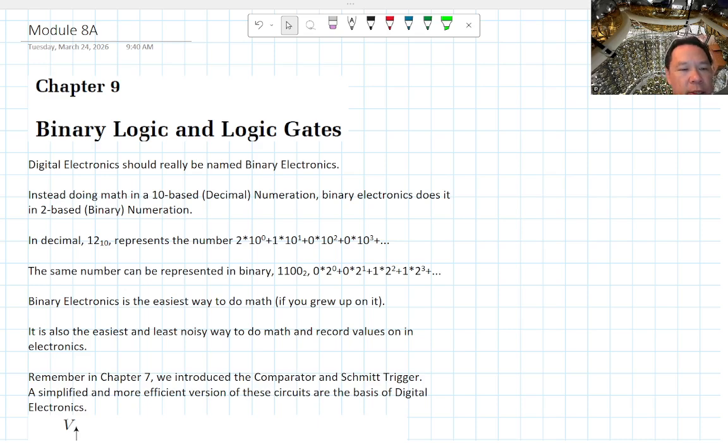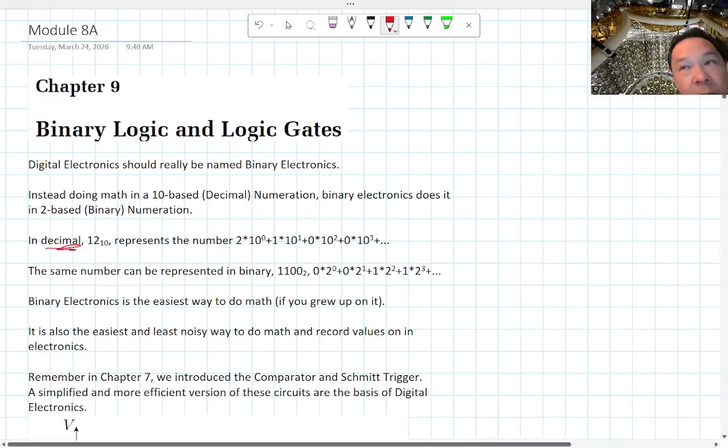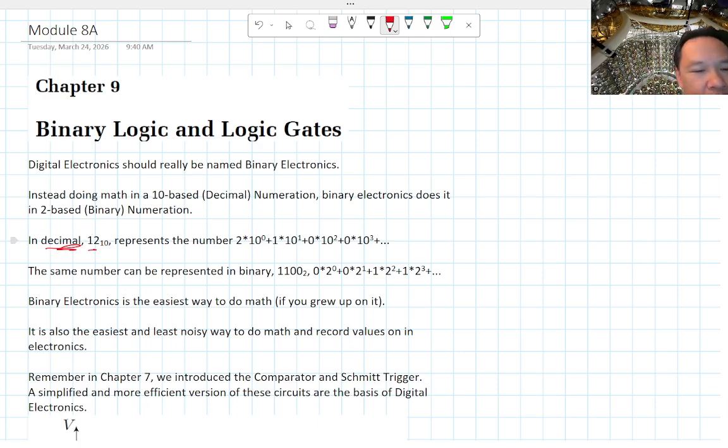Okay. So in decimal, which is what we typically use, what we grew up with, when I say the number 12, it represents basically 2 times 10 to the 0 power, 1 times 10 to the 1 power, and then there's a bunch of zeros in front of it, let's say. 0 times this, 0 times that, and all is base 10 system.